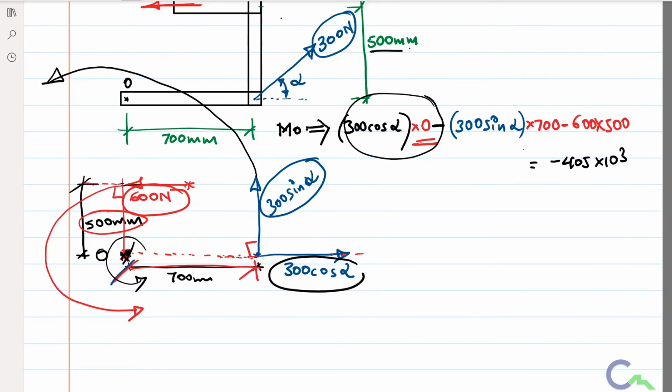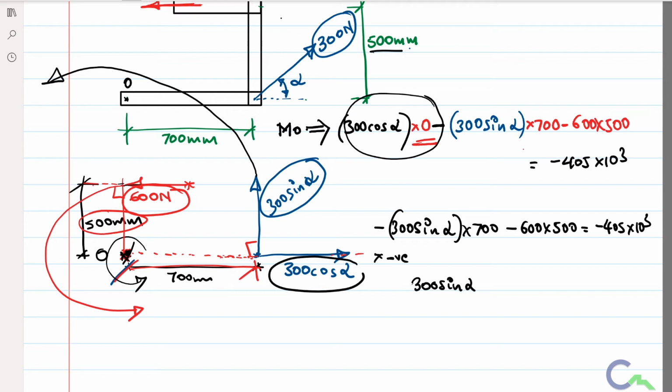Therefore the remaining is minus 300 sin alpha into 700 minus 600 into 500 is equal to minus 405 into 10 to the power 3. If I multiply with minus, the entire thing will become plus: 300 sin alpha into 700 is equal to 405 into 10 to the power 3 minus 600 into 500.